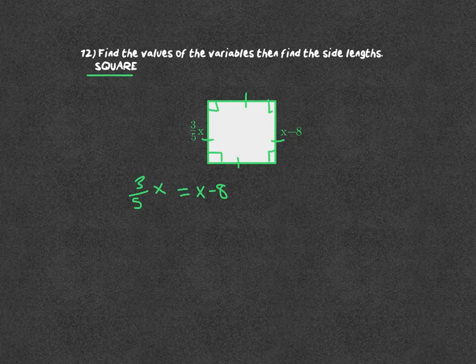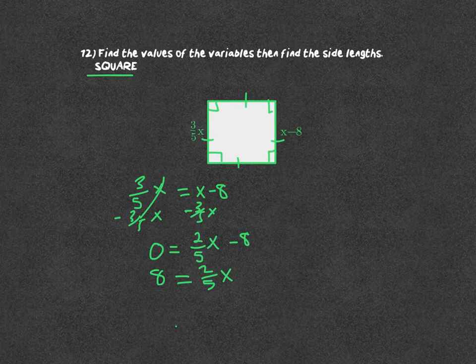So I'm going to subtract 3/5 x from both sides, giving me 0 equals 2/5 x minus 8. Add the 8 over. 8 equals 2/5x.